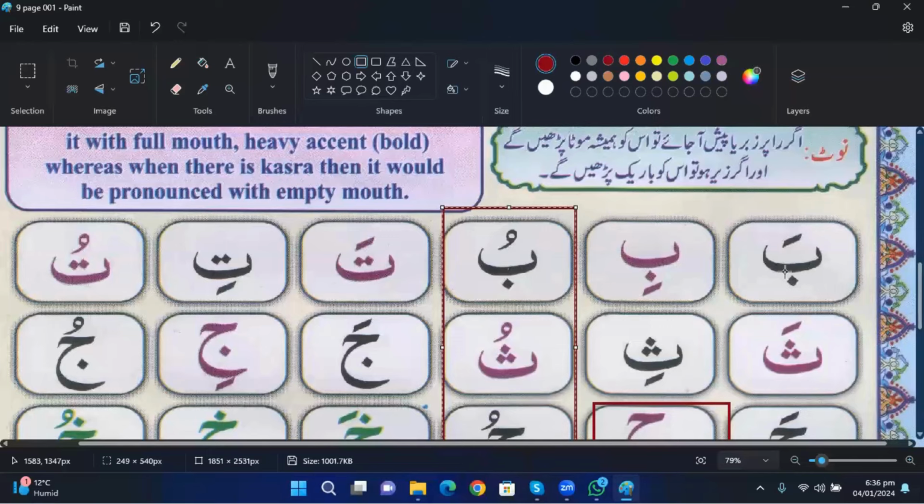When they know how to recognize the harakat and pronounce the letters with their help, it will be helpful for joining two or three letters. So try to work hard here and make sure there is no confusion for your students in this chapter.